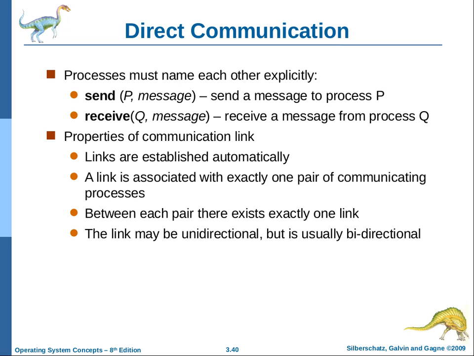Receive from Q, the integer 1? No, just receive from Q an integer. But you have to be expecting an integer. Otherwise, this is all a no-go. You have to know what they were sending. That's what the word explicitly means. You have to explicitly say everything that's happening.